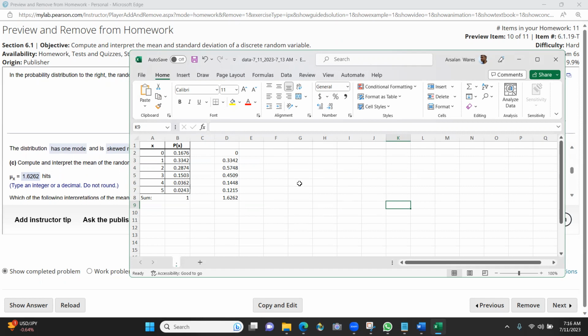To find the standard deviation, we take these original numbers. I'm going to call them X here, and I'm going to recopy them. In the next column, I'm going to copy the mean, which is going to be the same.